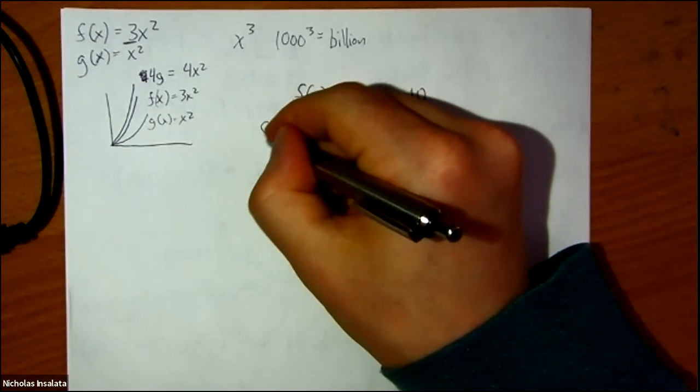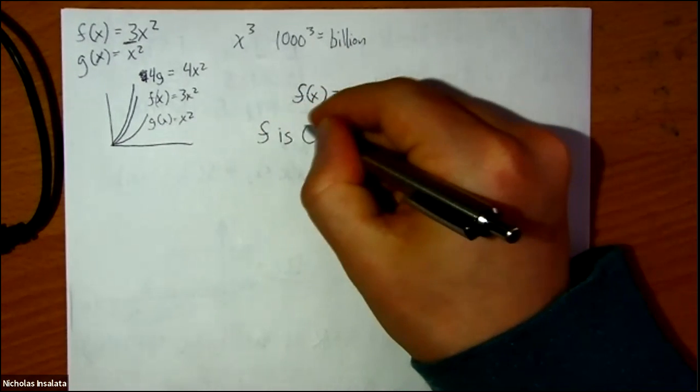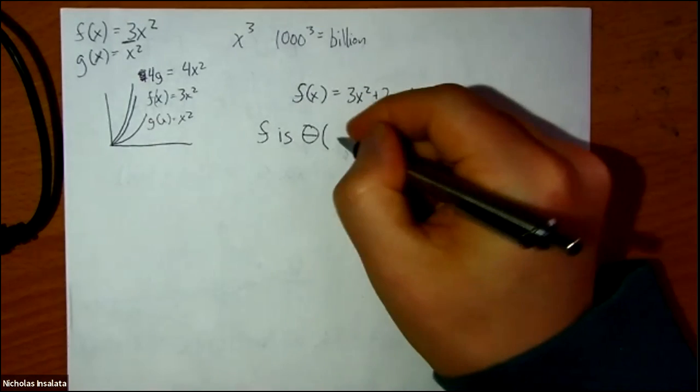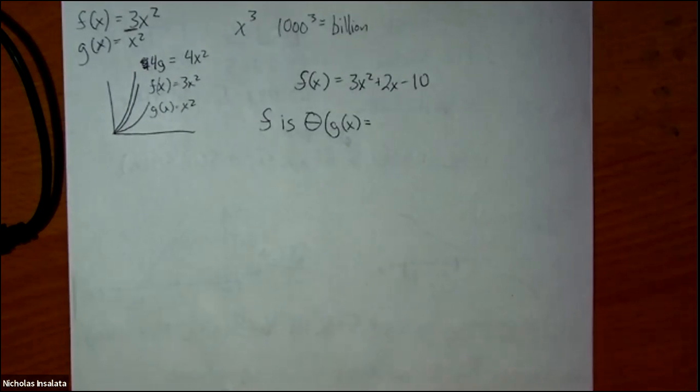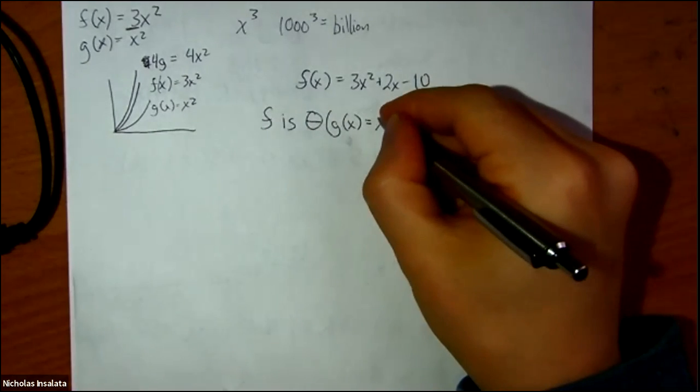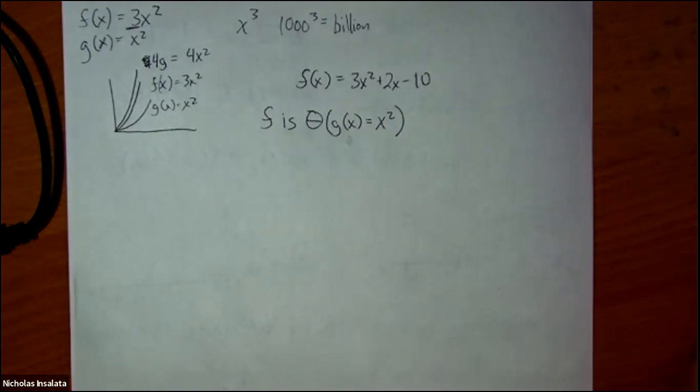I would say f is theta of g of x equals what? X squared. Great. Let's see why. And for that, I'm going to actually not try to draw this, because that's going to be a disaster. Let me switch over to Desmos here.